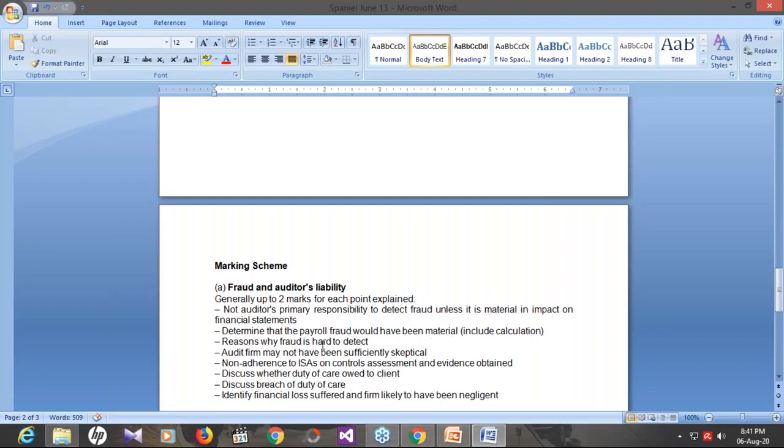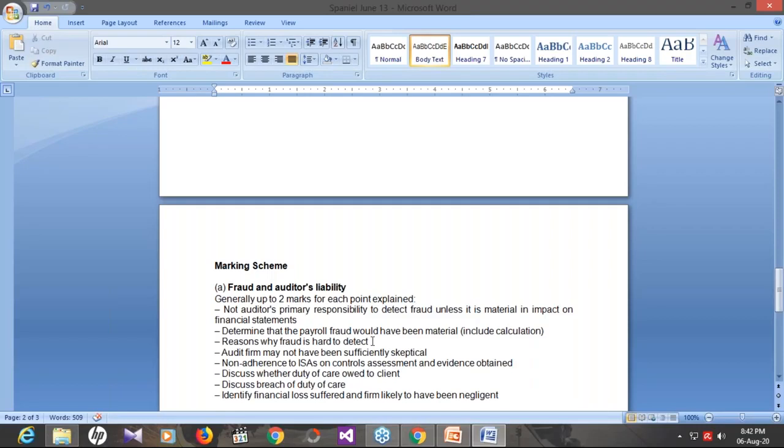Reasons why fraud is hard to detect: yes, payroll is covered by different accounting streams and accounting calculations and recordings. And the audit firm may not have been sufficiently skeptical. Why? Because they had a long association with the client, and non-adherence to ISAs on control assessment and evidence obtained. This is very important, which I discussed when I was explaining the matter.